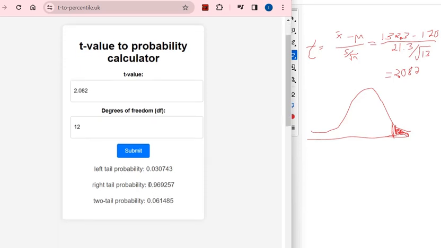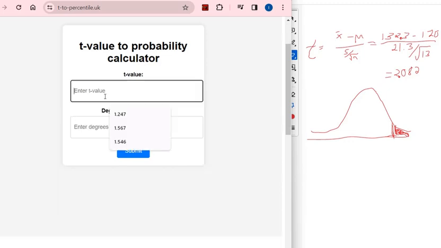I think it's wrong. I could fix it. That's a left-tailed probability. Right? That's not right-tailed. It's like it thought I put in a negative number. Here, let's try switching this. Okay, so there's something broken with my website. Let me see if I can refresh.